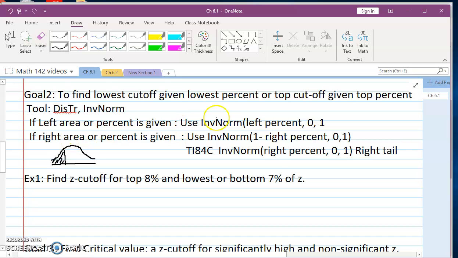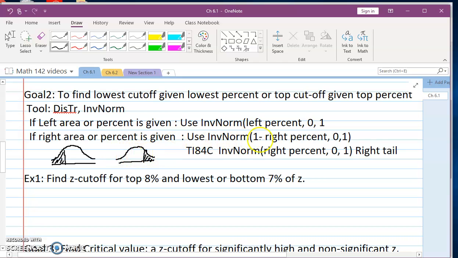So the typical inverse normal command will be inverse normal, your left percentage or left area, 0, 1. If you actually have the right area, you can produce the left area so that inverse normal can function, by subtracting the right area. So you can say, I have this right area, but I will subtract it from 100%, and it will be this side.